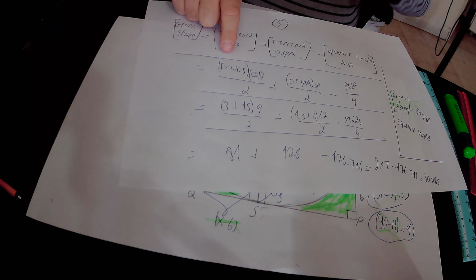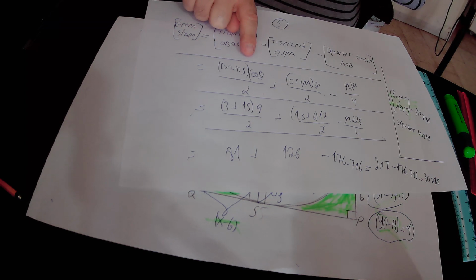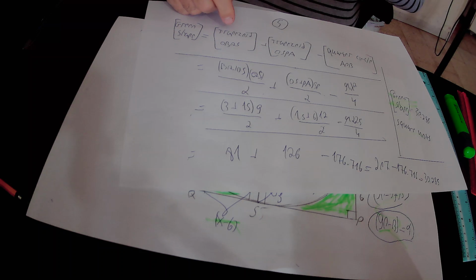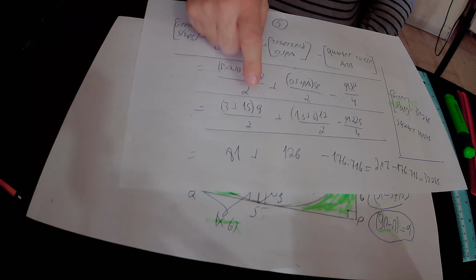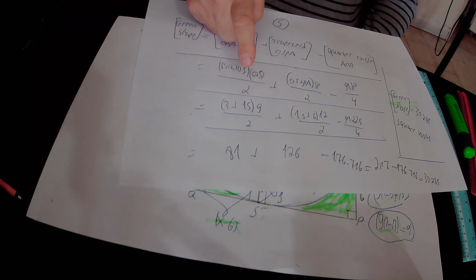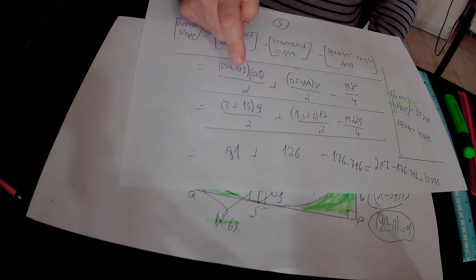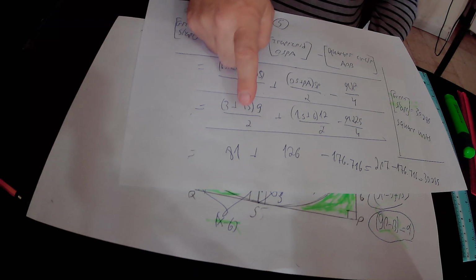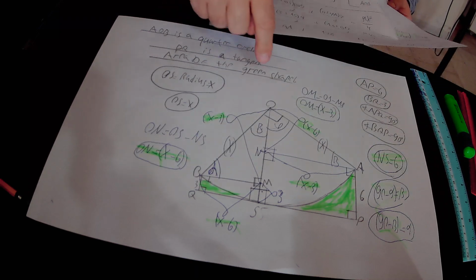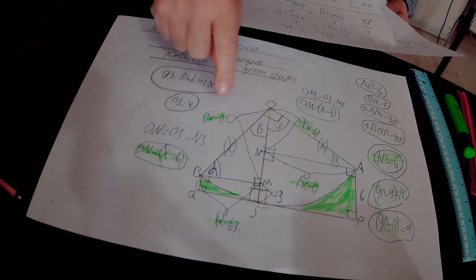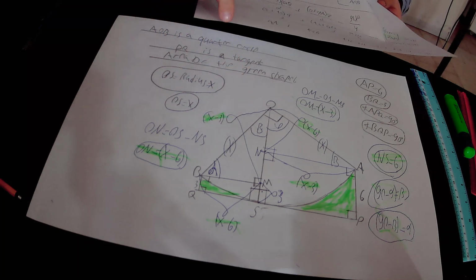BQ is 3, OS is 15, QS is 9, divided by 2. 3 plus 15 is 18, 18 over 2 is 9, and 9 times 9 is 81. In conclusion, the area of this trapezoid OBQS equals 81 square units, plus the area of this trapezoid OSPA.